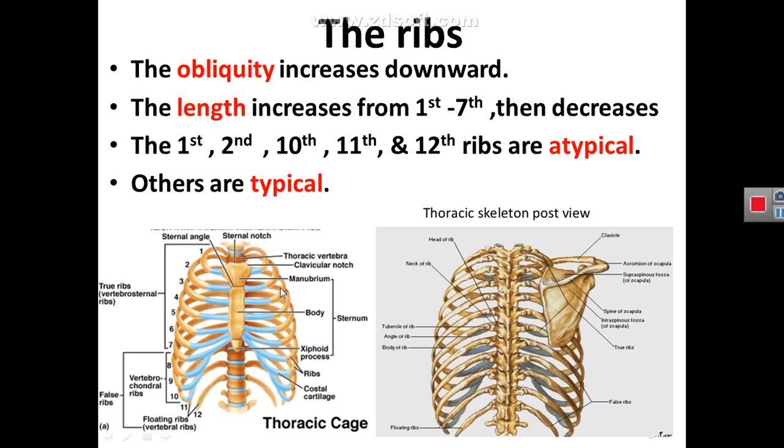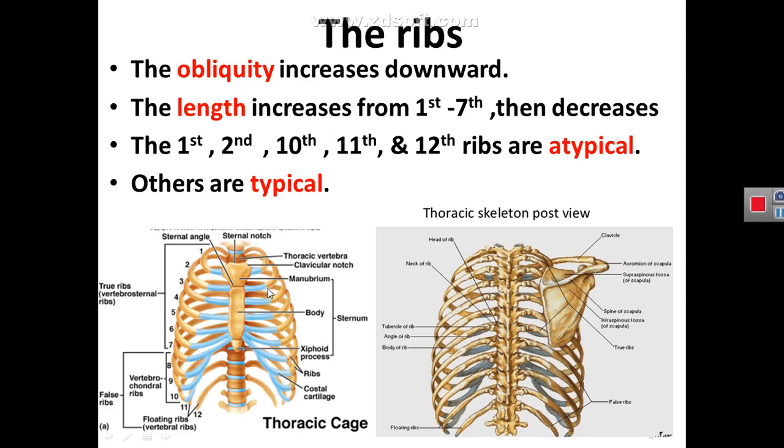As we said before, we have a certain type of classification for the ribs as vertebro-sternal true ribs and false ribs, which are vertebrochondral and floating. But we have another type of classification for the ribs, which depends on the morphology of the ribs.